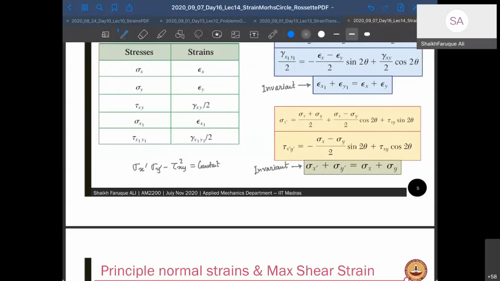Not constant, it's equal to 0, I suppose. No, sorry, I'm mistaken. It's not 0, it's constant. So these are a few invariants that you have to find out. This is one invariant, this is the second.